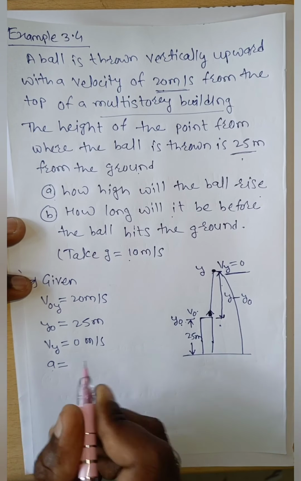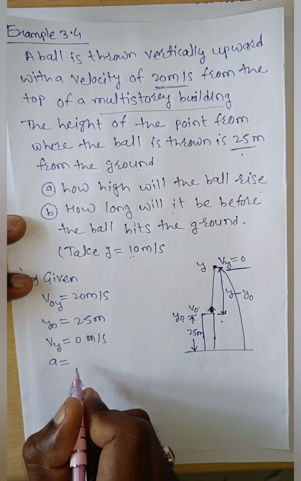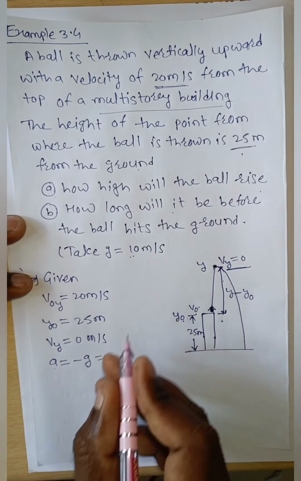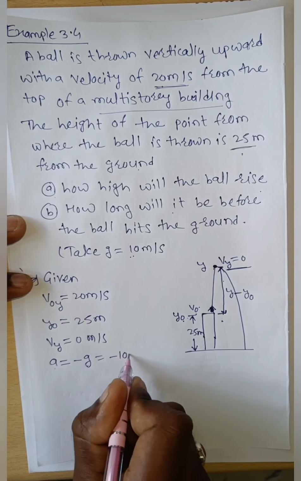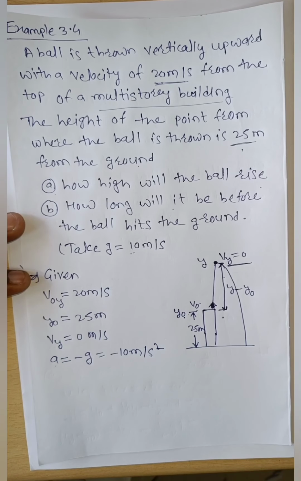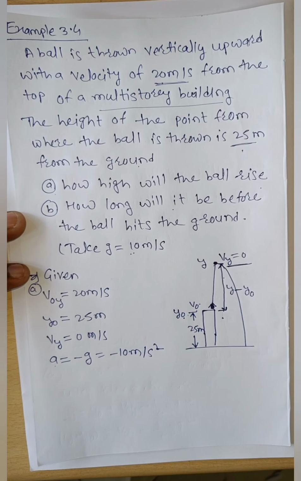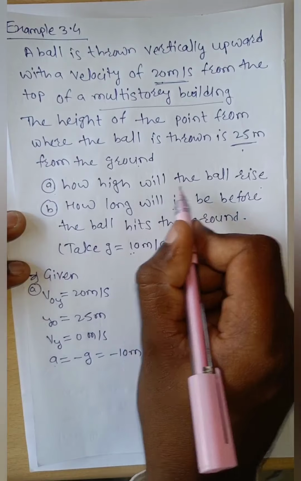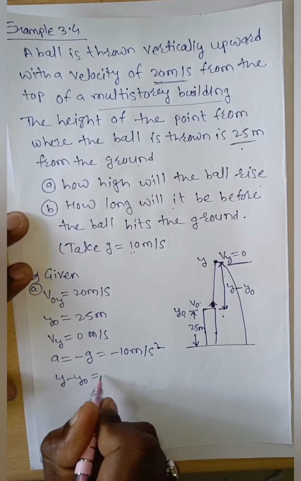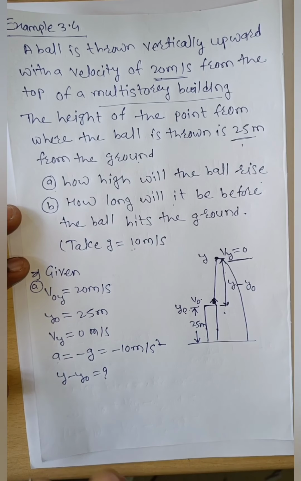Acceleration a is equal to minus g, and g is 10 meters per second squared, therefore minus 10 meters per second squared. Now for this first case, we have to find how high the ball will rise, meaning we have to find y minus y naught.